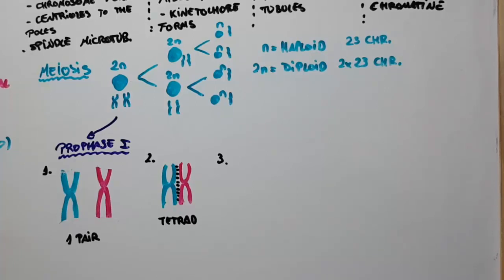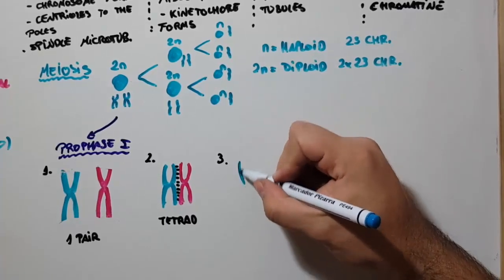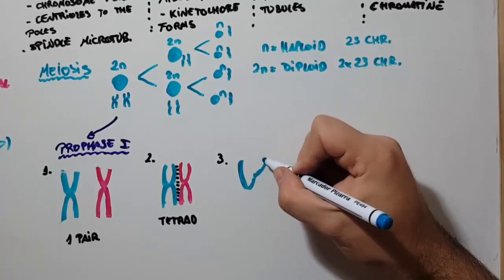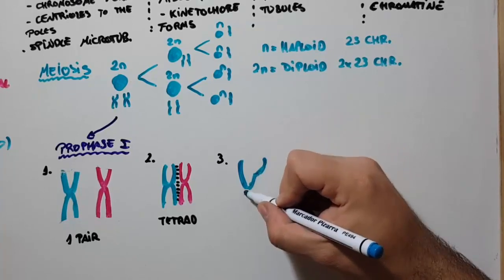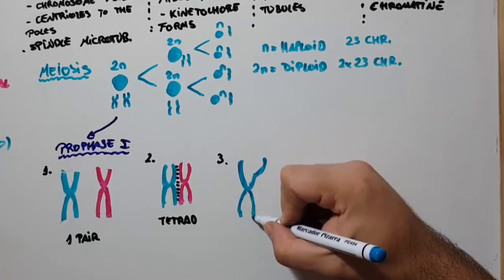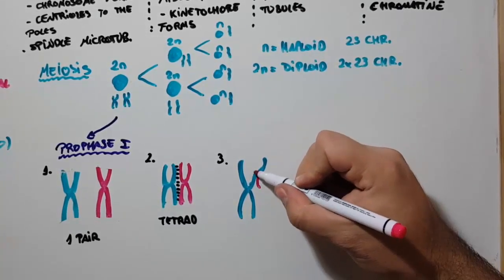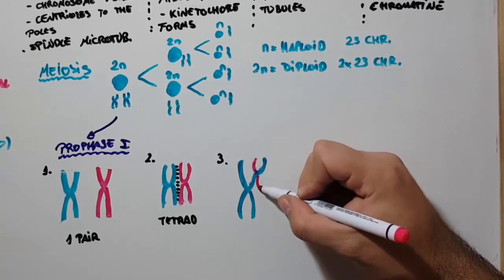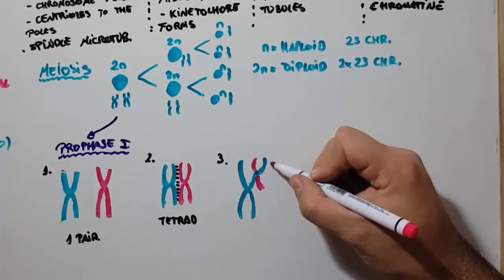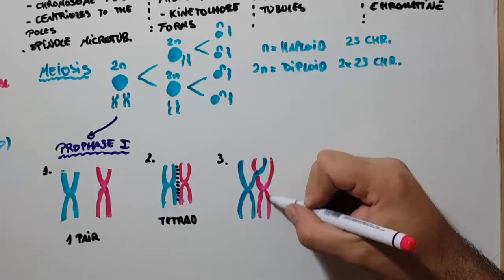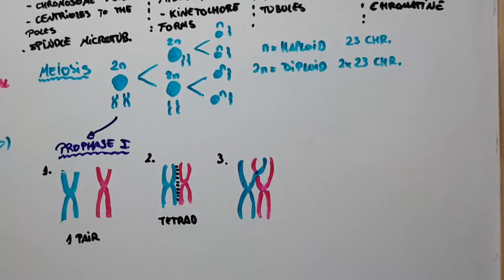In step number 3, one of these close points, randomly, is going to cross over to the other side. I'm going to make them bigger so you can see. So it's going to sort of cross over to the other side. Remember that they are super close. Like this.